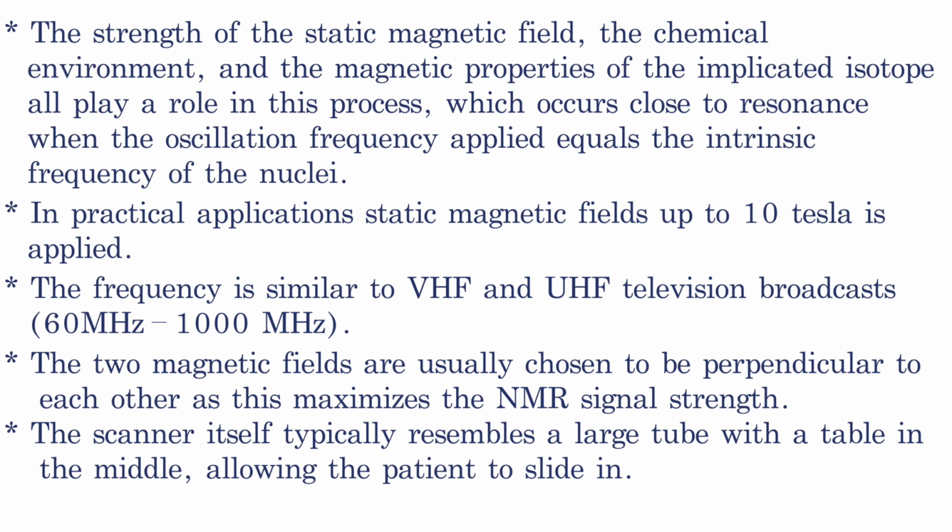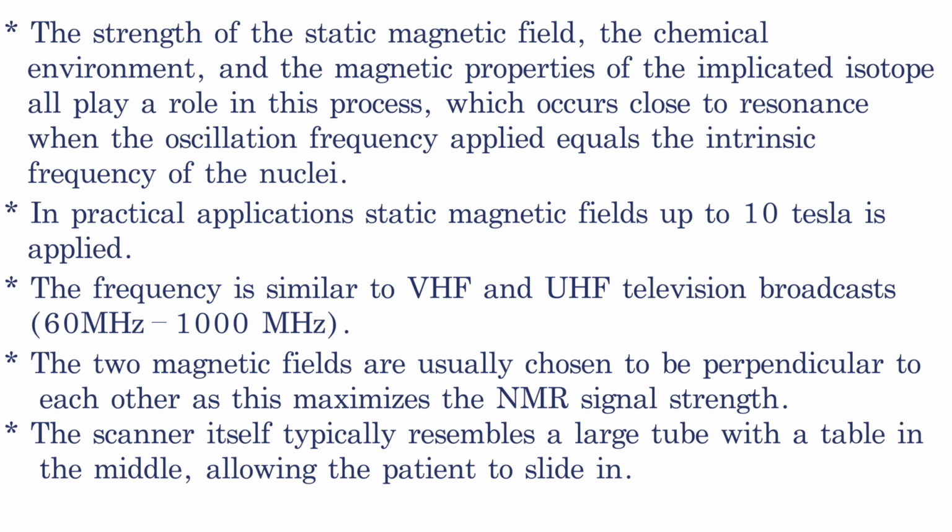Commercially available MRI scanners for routine clinical use perform from 0.2 to 3 Tesla, while research facilities currently perform human imaging in fields up to 11.7 Tesla. The frequency is similar to very high frequency and ultra high frequency television broadcasts, between 60 MHz and 1000 MHz.